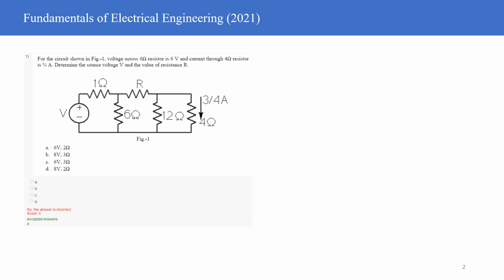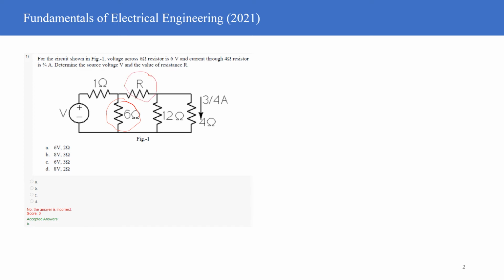So just read this question. For the circuit shown in the figure, you are required to figure out the voltage across the 6 ohm resistance, the current, and the value of the resistance R over here.